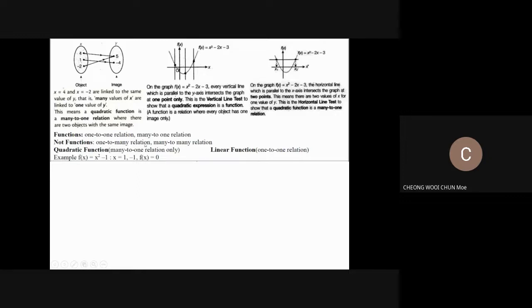Functions: there are two types of functions for a relation. One is a one-to-one relation, another is a many-to-one relation. In this example, one-to-one means 4 to 5, 1 to negative 4.